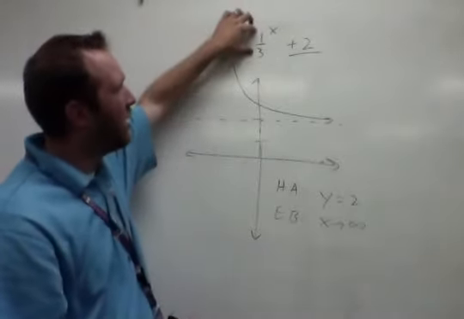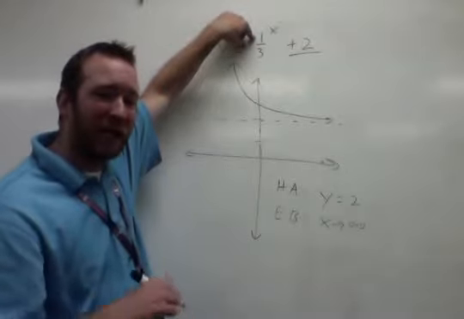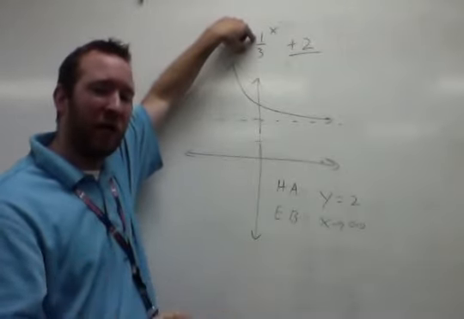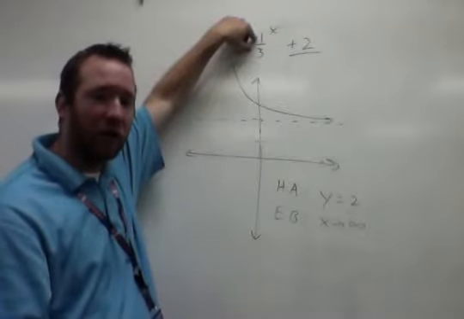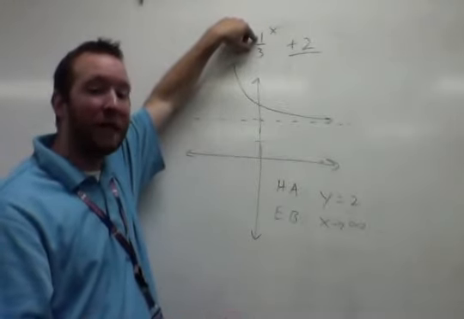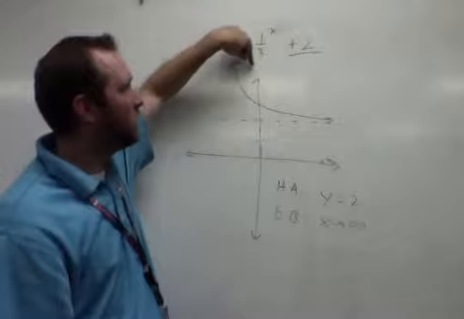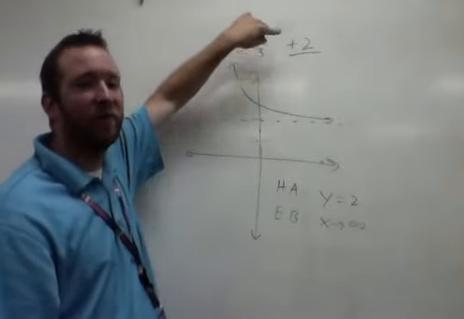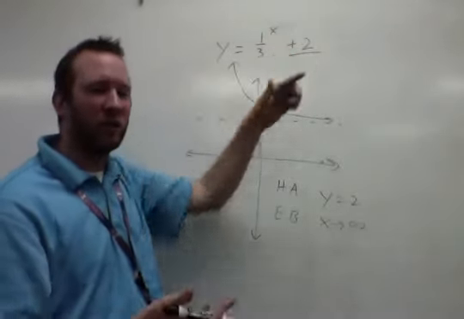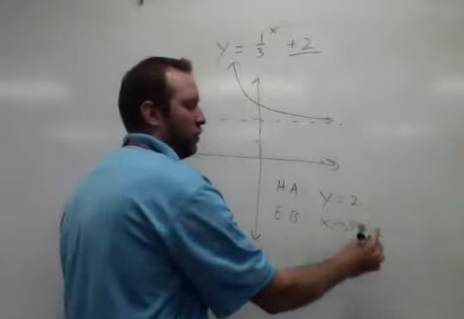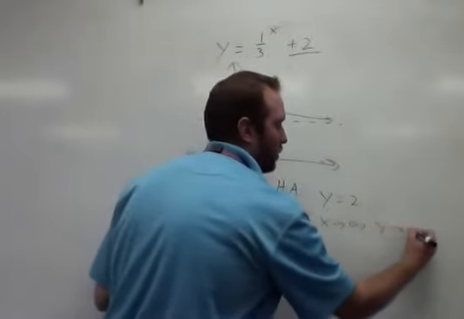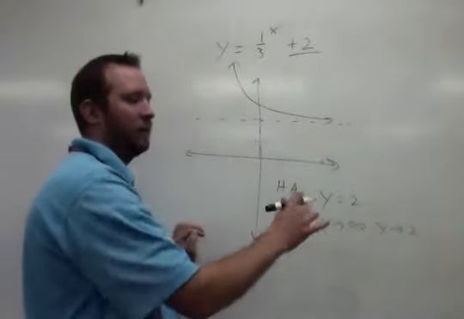Mathematically, that makes sense. I'm going to multiply 1/3 by itself over and over again. So 1/3 times 1/3 is 1/9, times 1/3 is 1/27, times another 1/3 is 1/81. This is going to 0, and then I have to move it up 2, so it's going to get closer and closer to 2. So my end behavior as x goes to infinity: y approaches 2 on the right side.